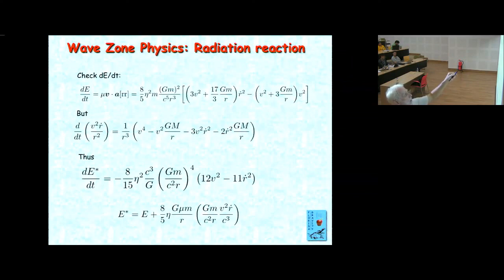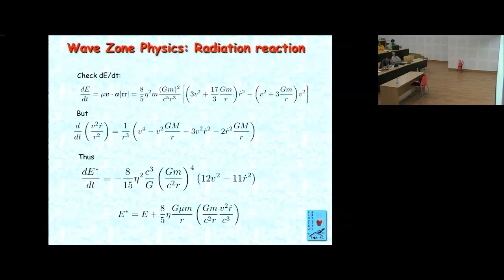Well, here we've got V to the fourth minus 3V dot squared R dot squared. So we can take these two terms and replace them with these two terms plus a total time derivative. And that total time derivative can be pulled over to the other side into a redefinition of E into a quantity called E star.